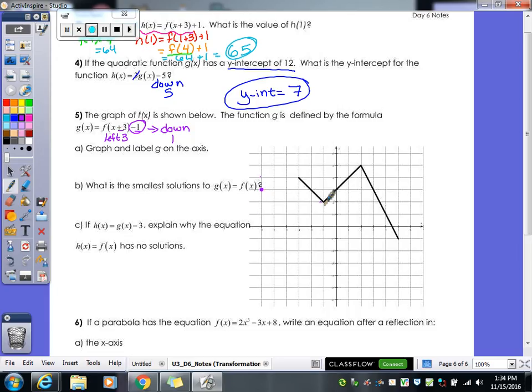And I'm going to take this little minimum here, left 3, down 1. So I got my first little line there. Take my maximum, left 3, down 1. Then my last little part, 1, 2, 3, down 1.